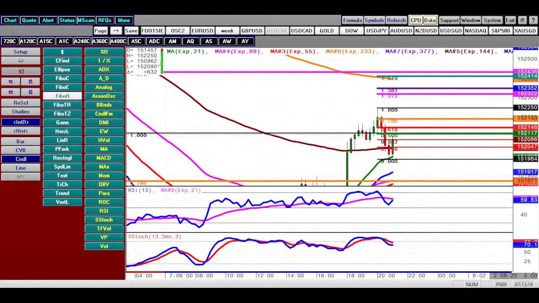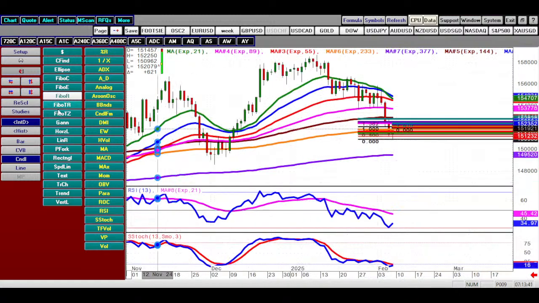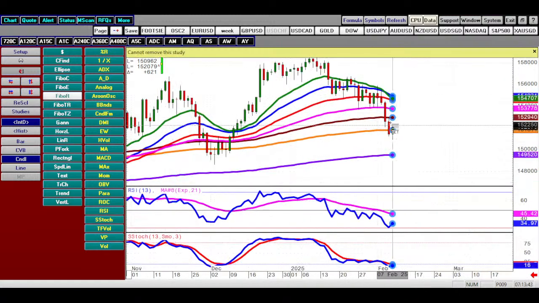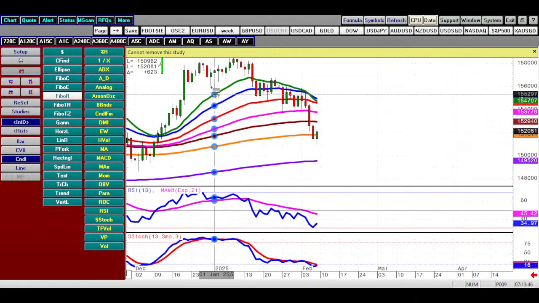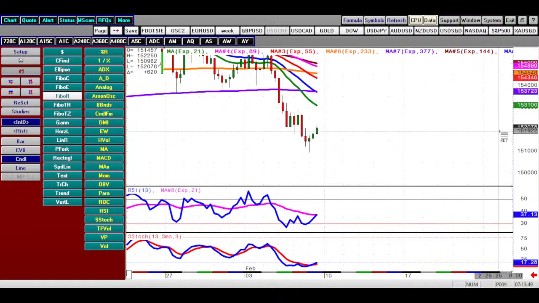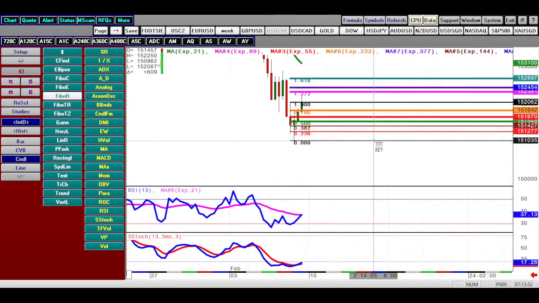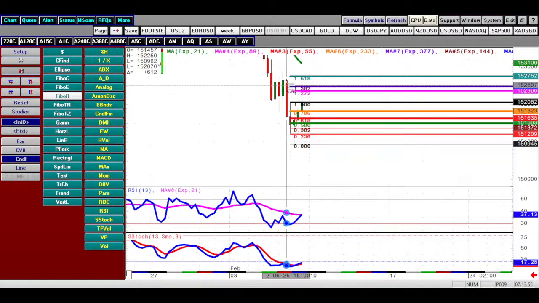Okay, what we can do, we can go for a sell at 152.40, stop at 65, or maybe we'll put it as 152.50. 50 should be the level. Okay, let me double check. Yeah, 152.50.